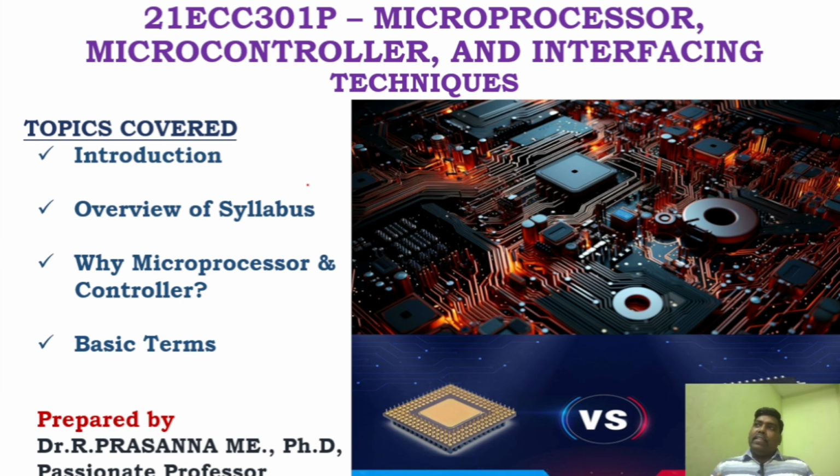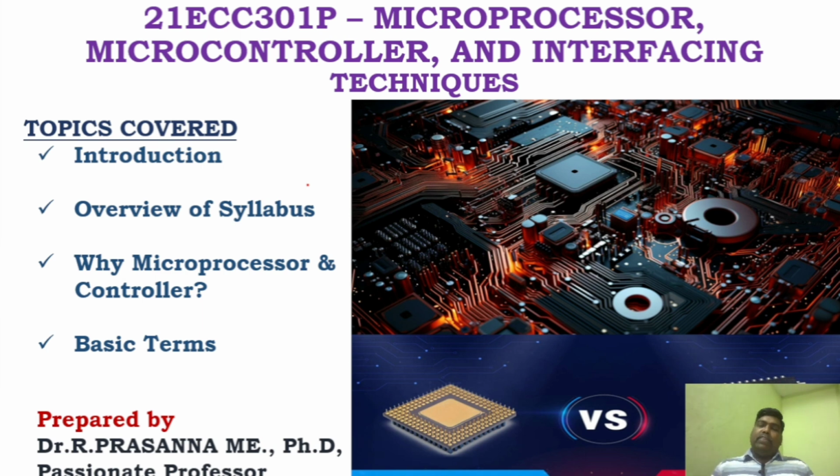To start with, why is it that you ought to study this particular subject? Being an electronics and communication engineer, it is very important that you have some basic knowledge about microprocessor and microcontroller. That is the very primary objective. And with that, what career opportunity does it provide? You can have a lot of opportunities in this particular field.